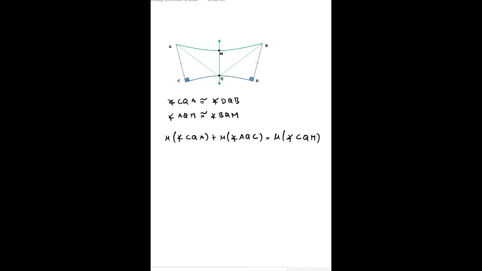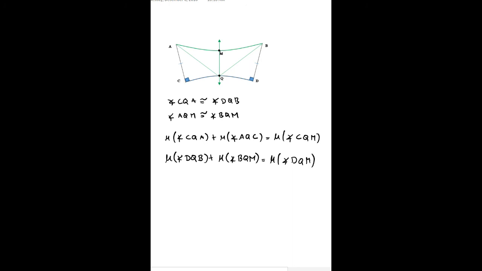So CQA plus AQM is equal to CQM. Similarly, for the other side, we can say that the measure of angle DQB plus the measure of angle BQM is equal to the measure of angle DQM.